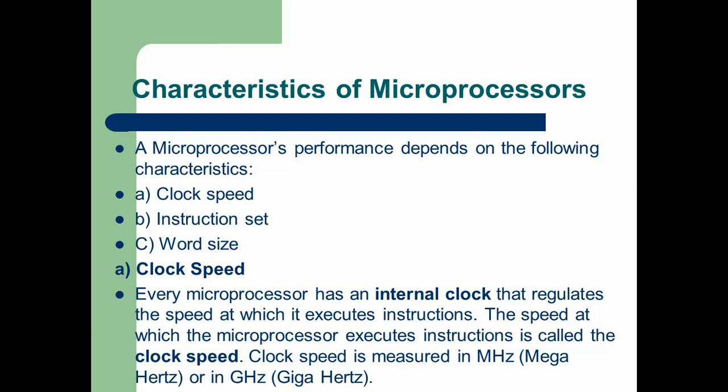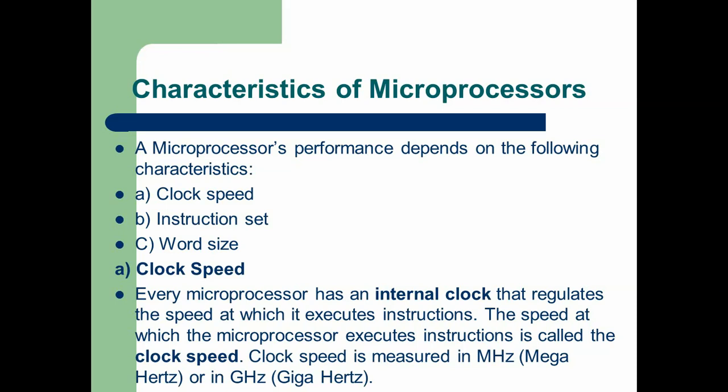When we purchase any electronic device, either mobile, laptop, or computer, we discuss the processor speed, and that speed is mentioned in megahertz and gigahertz. This is the speed of the clock inside a processor. Depending upon the speed of the internal clock, the microprocessor speed also increases or decreases. So this is the first characteristic of the microprocessor.